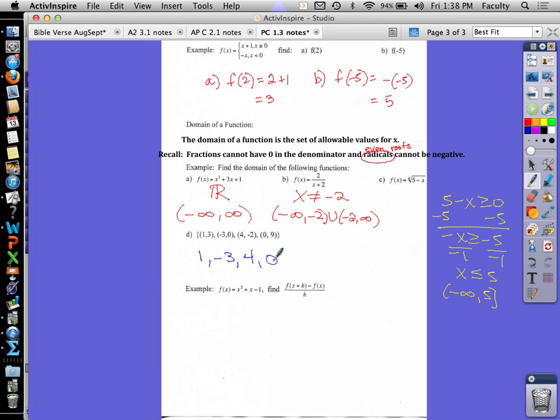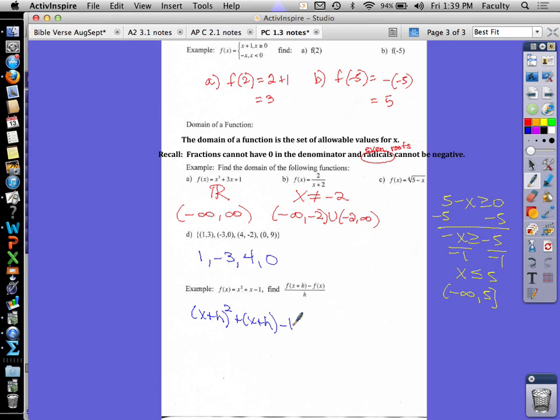All right, last one. F of x equals x squared plus x minus 1, and we want to find, this is called the difference quotient. We're going to work on this all year long because it's going to help us with calculus, okay? So here we go. When you want to do f of x plus h, you're replacing the x everywhere with x plus h. So watch. This is going to go x plus h squared plus x plus h minus 1.